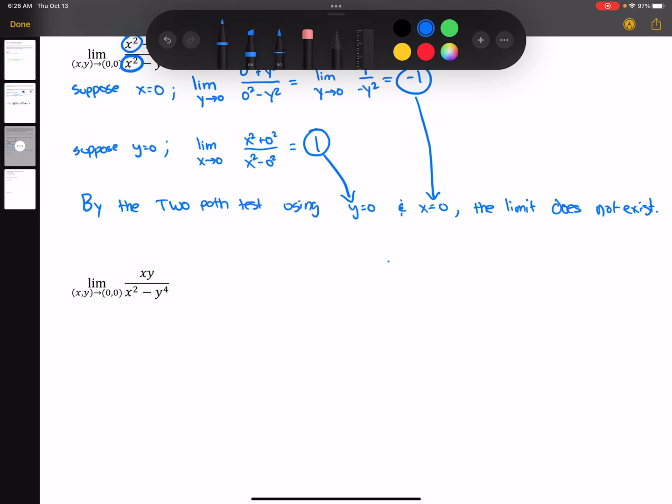All right, so now we could try that same trick where we could say something like, well, suppose y equals 0. Well, if y equals 0, then the numerator is going to be 0, and so would our denominator. Because then if x approaches 0, we get 0 minus 0.